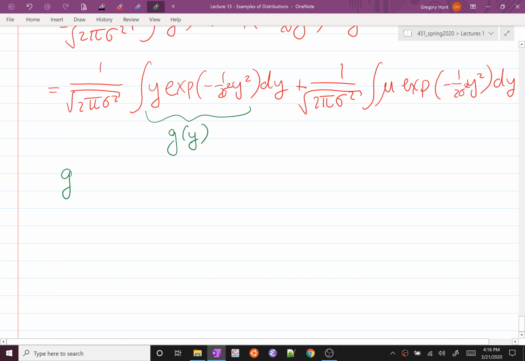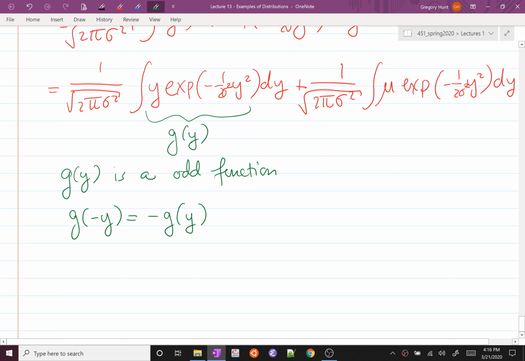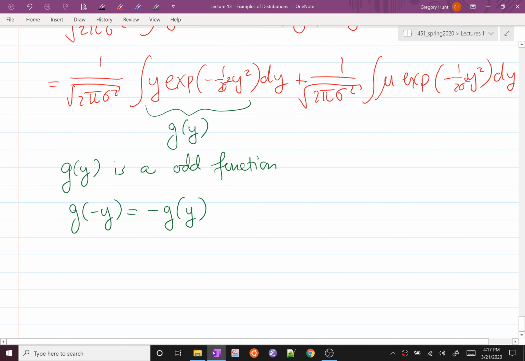G of y is what we call an odd function. Odd function meaning that g of negative y is equal to negative g of y, right? If I plug in g of negative y, I'm just going to get a negative out front. And so we get this kind of odd function.